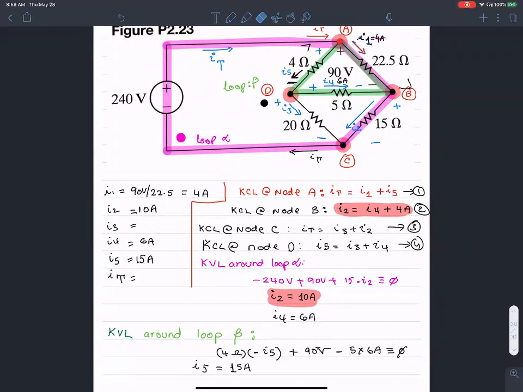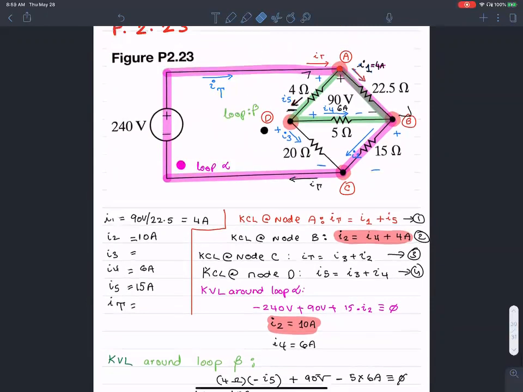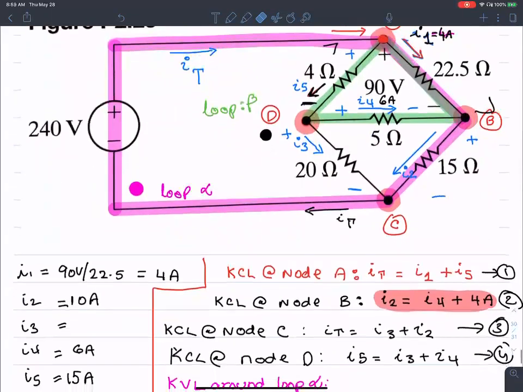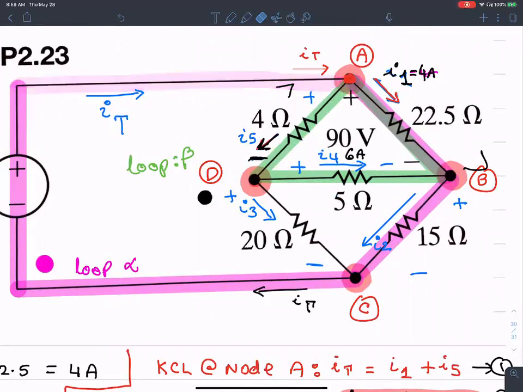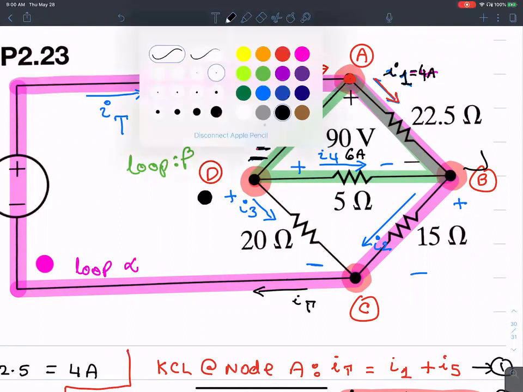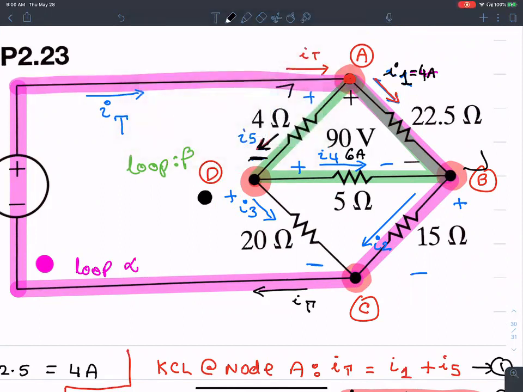I should be able to calculate I total, right? Because I have I5, sure enough, and I do have I1. If you look at this current, I total, that's the sum of these two.